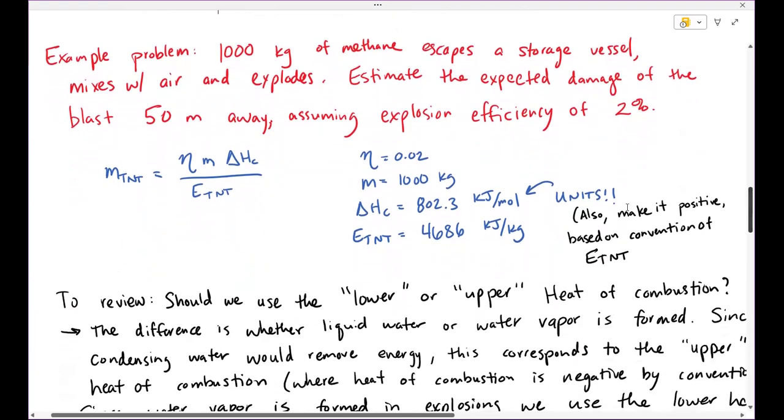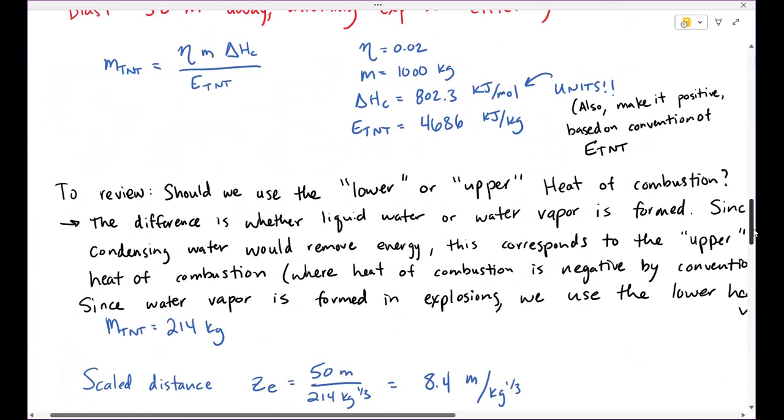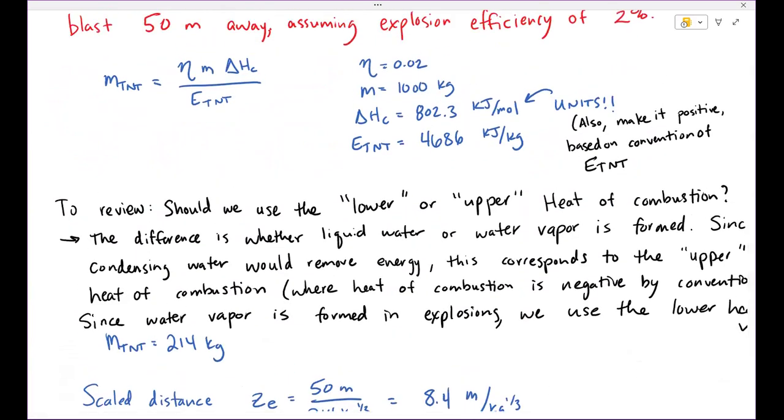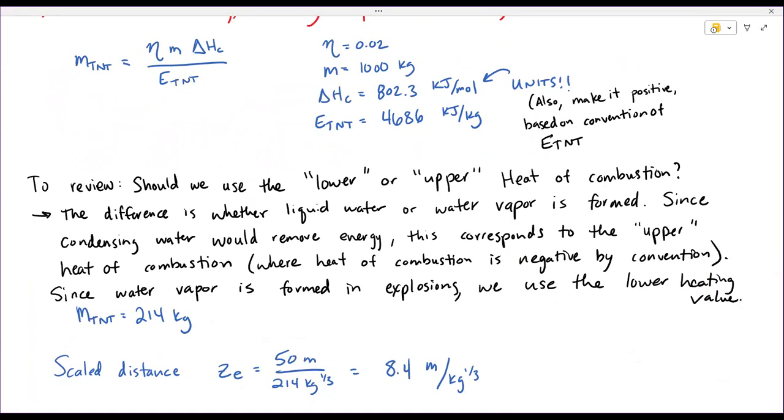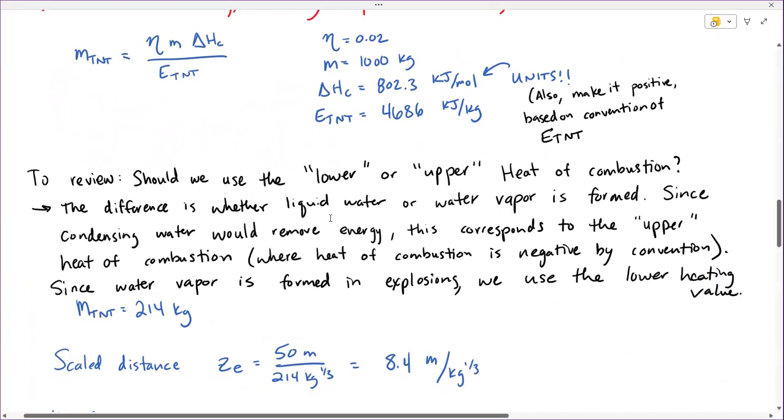I briefly also mentioned that this is the lower heating value for the heat of combustion. So if you look in the appendix, you'll have both the upper heating value and the lower heating value. Remember what that means. You might have covered this in material and energy balances. The difference between these two, the lower and the upper heat of combustion, is the phase of the water vapor that is produced.